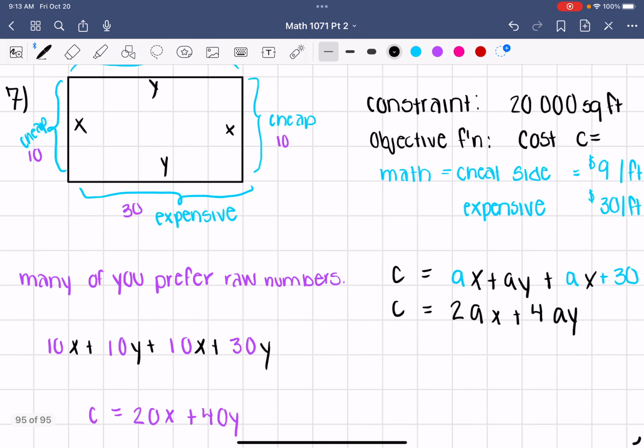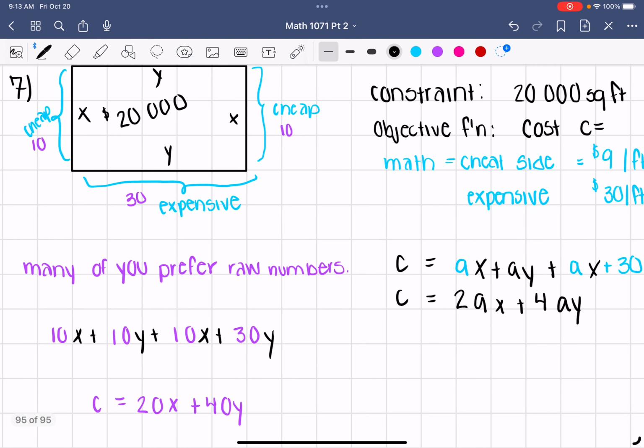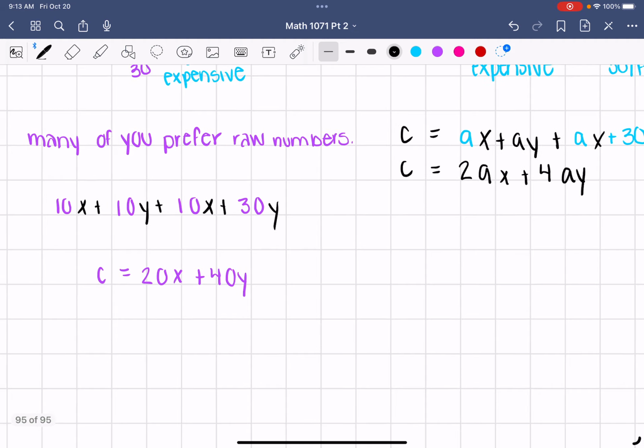If it weren't for the constraint, don't build it at all. The cost is 0. In these problems, you have to have some kind of constraint. And you're told you must enclose 20,000 square feet. Well, if the rectangle is x by y, there you go, x times y got to be 20,000. So use your constraint. We've done this in several problems.